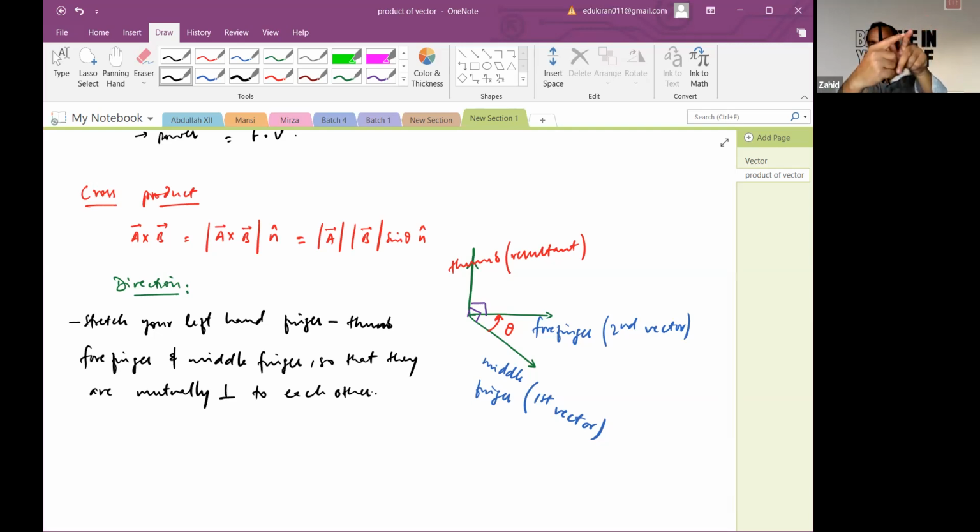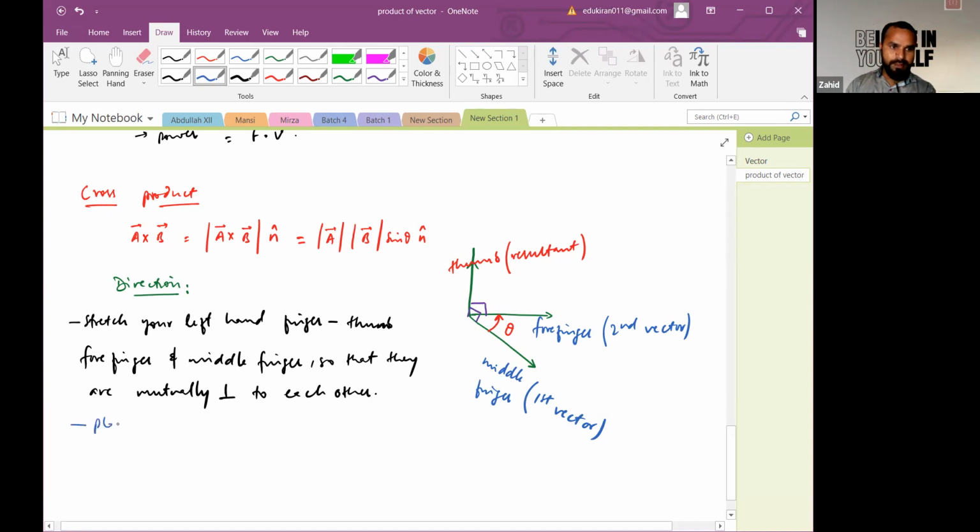Thumb, forefinger, middle finger, mutually perpendicular to each other. Now place the middle finger towards the first vector. So in this condition, it is going downward. So it will be along this. Forefinger towards the second vector. So it will be along this. Then the thumb will point towards the resultant.